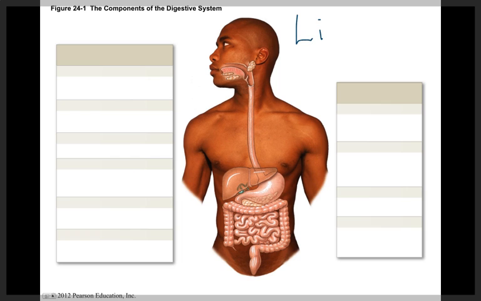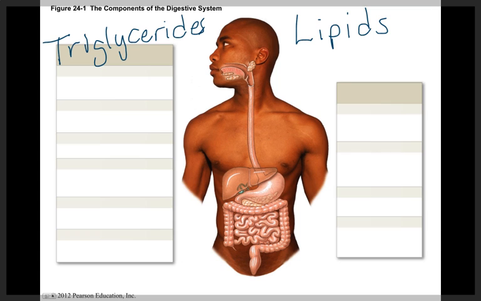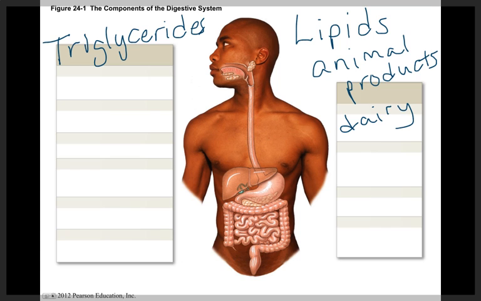Lipids, on the other hand, are going to enter our body as larger triglycerides. Okay, and we can get these lipids from foods like animal products, such as dairy, some fats, things like that.